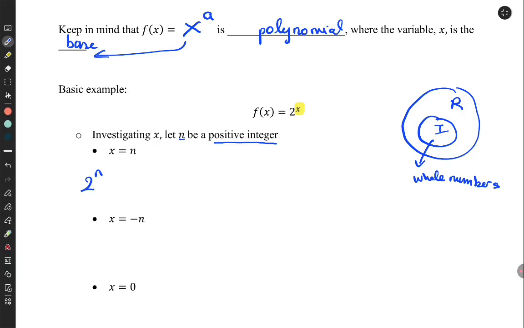Even inside the integers, there is another smaller version called natural numbers. That's basically the positive side. Integers can be negative, but natural numbers go from 0 and above. Anything negative is not a natural number.